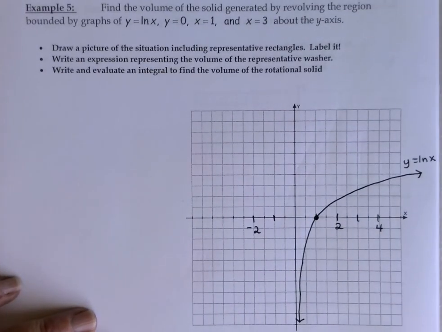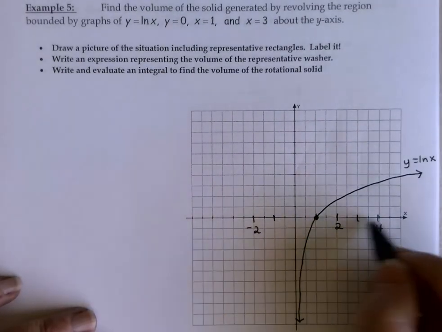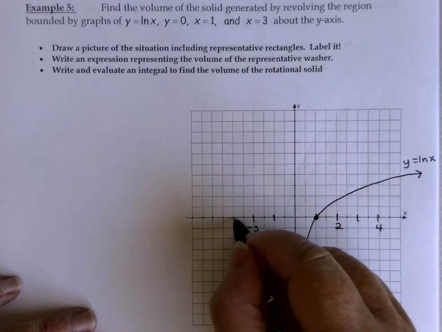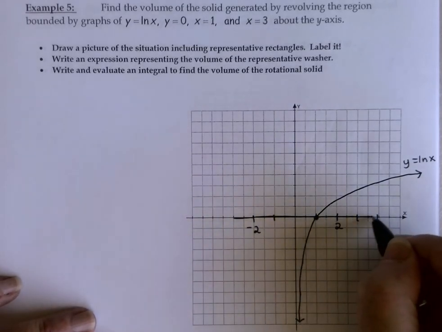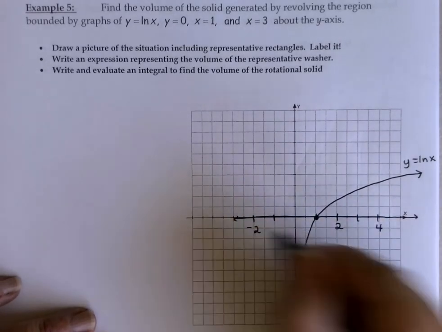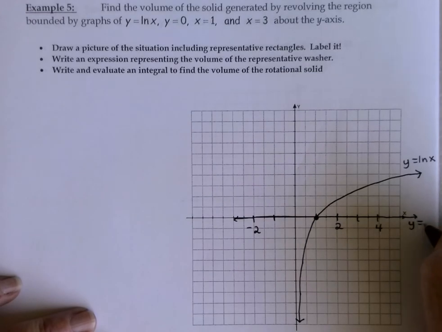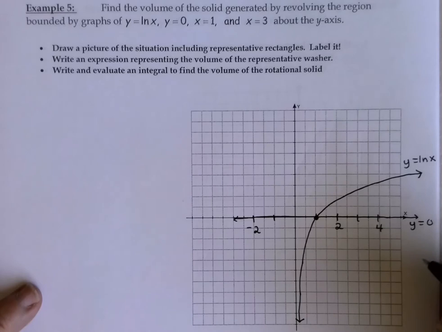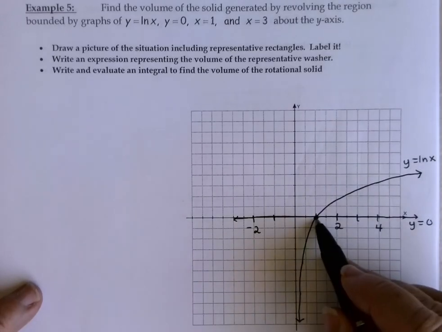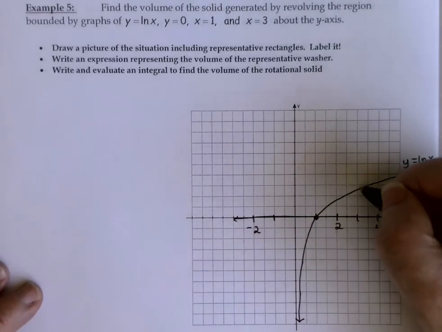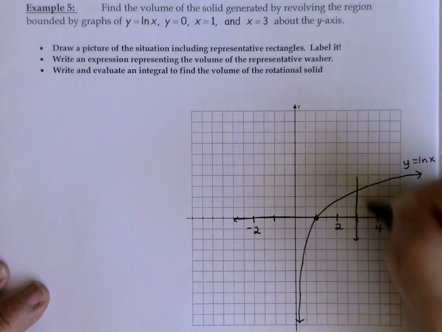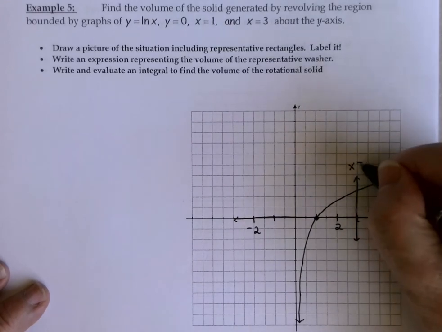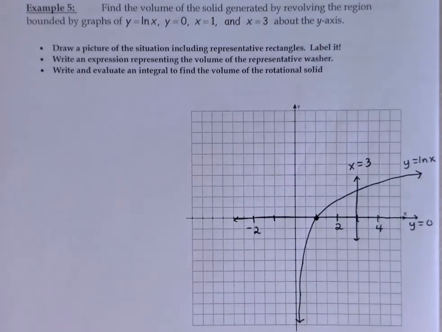All right. Y equals 0, so the x-axis is also a boundary. And then x equals 1 and x equals 3. X equals 1 is actually the intersection point right here. And then x equals 3 over here. And that defines my region.